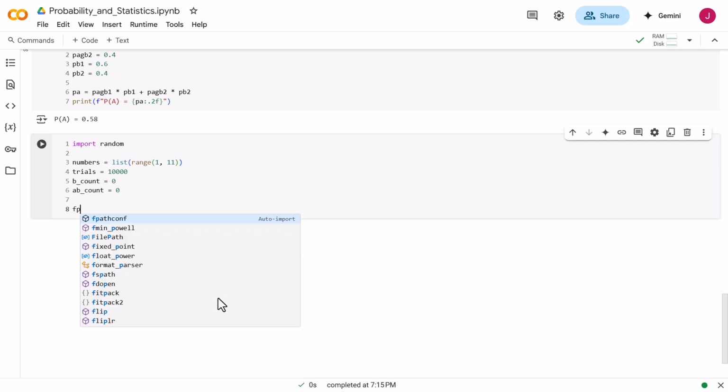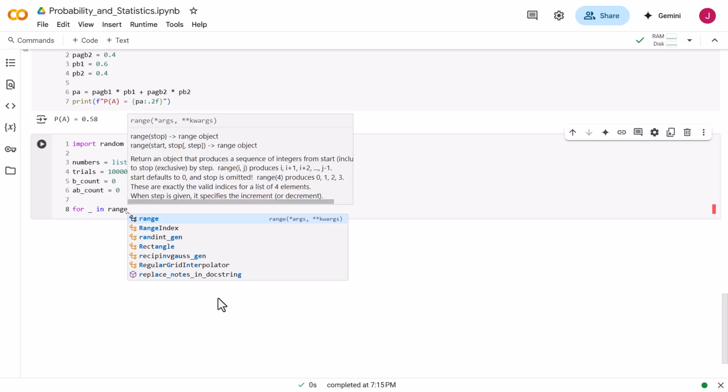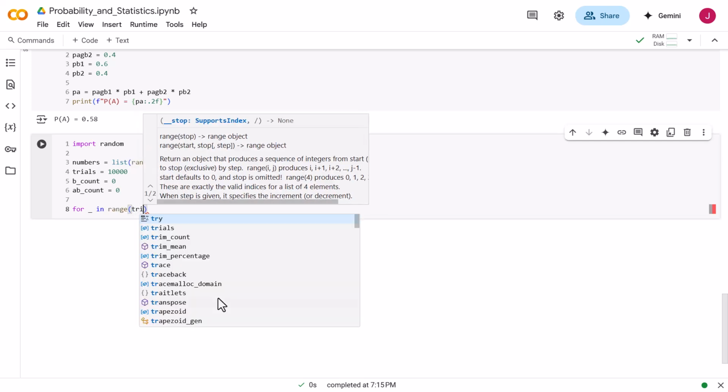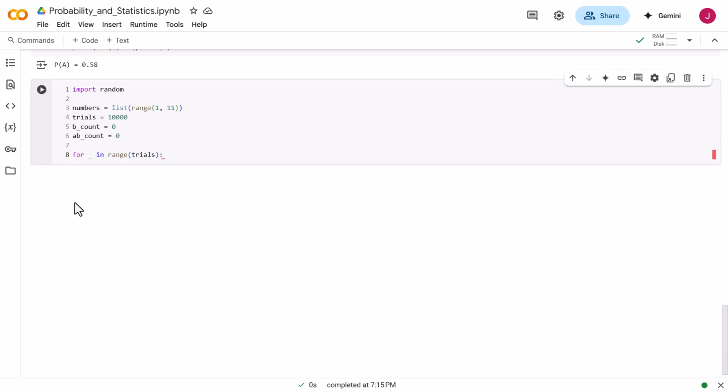Now I can say for underscore in range trials. So here I use for underscore in range. This is often used as a placeholder for a variable when the value is not going to be used.